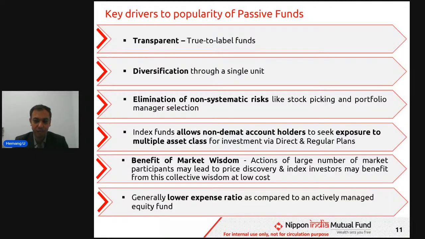Now, what are the reasons for these funds to be popular, right? The first and foremost reason is transparency. When I say transparency, like I said earlier, the fund would emulate, mimic the performance of the underlying index. So it will invest in those stocks which are available in the index, right?